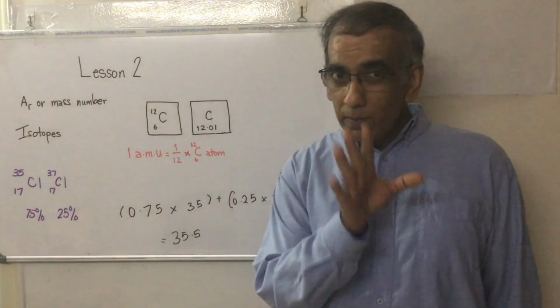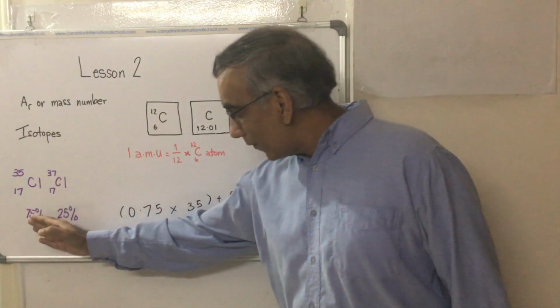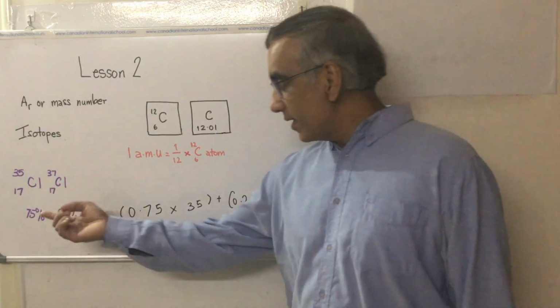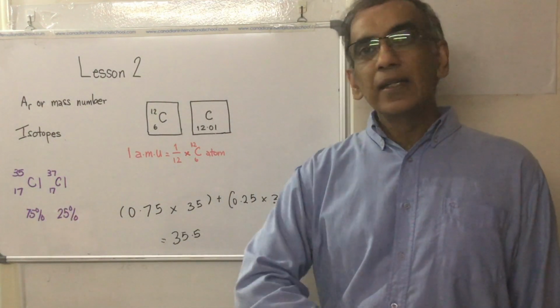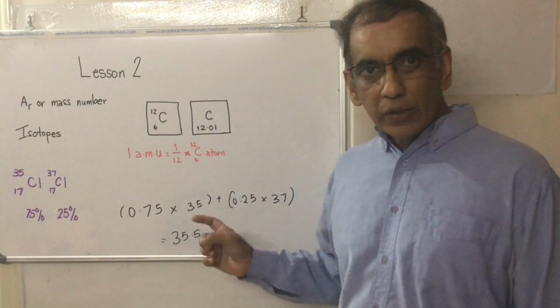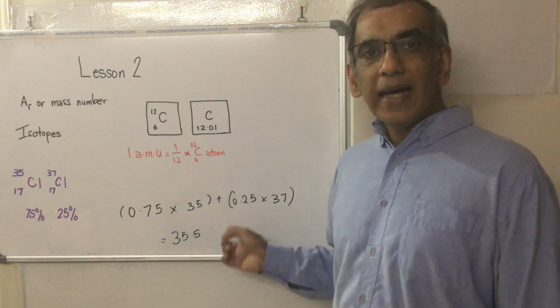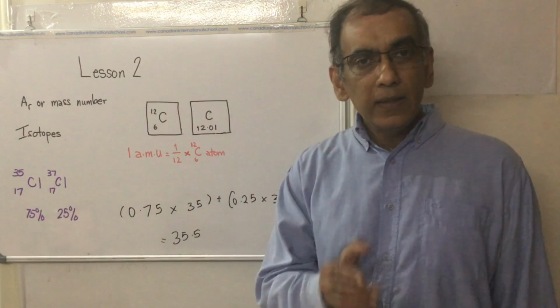Now, we should bear in mind that chlorine has a lot of isotopes, but these are by far the two most abundant. So for simplicity in a question, we say 75-25. When there's a small fraction of 1% that makes up all other isotopes, that doesn't affect the answer too much, and that is why 35.5 approximates the answer for the relative atomic mass of chlorine in the periodic table.